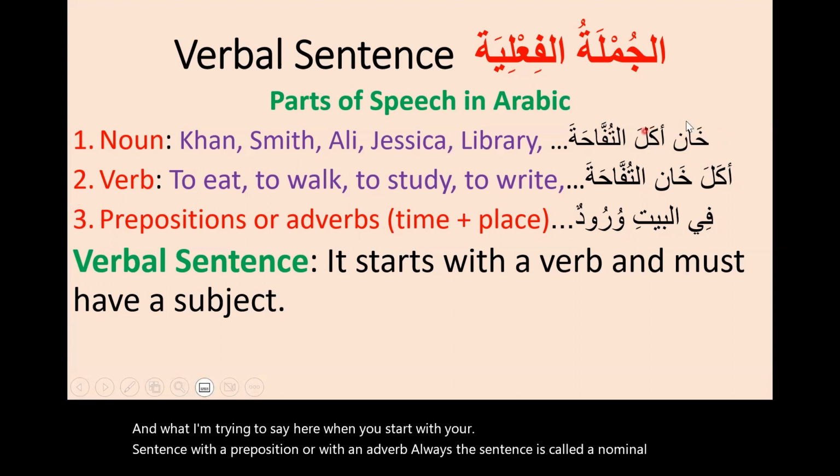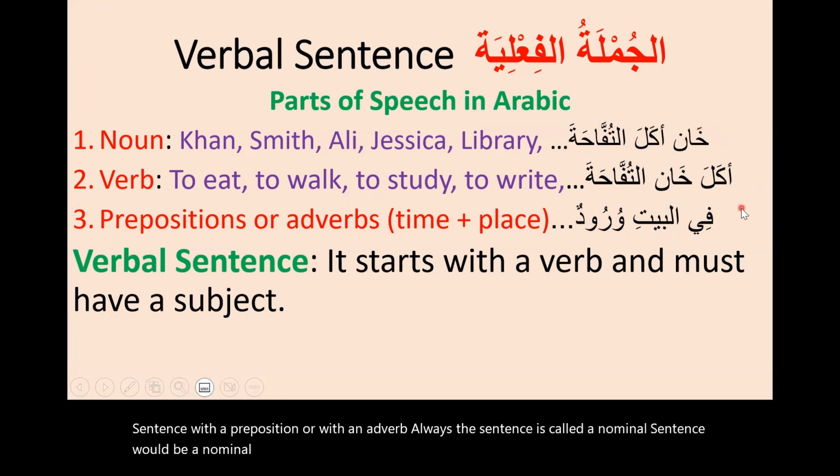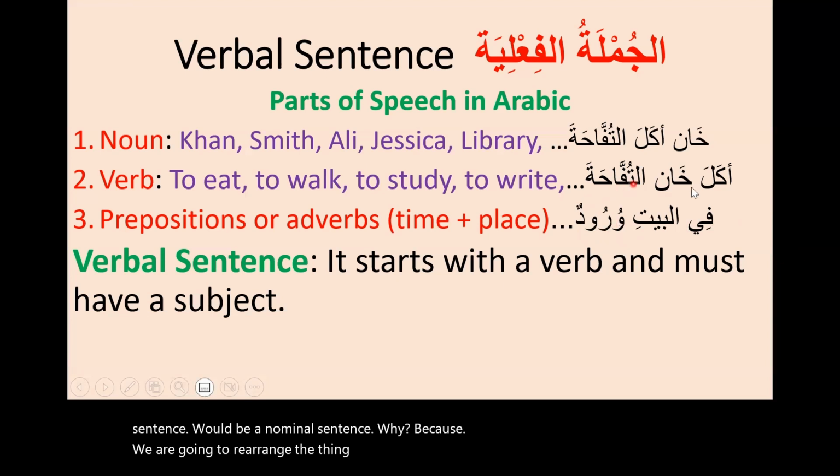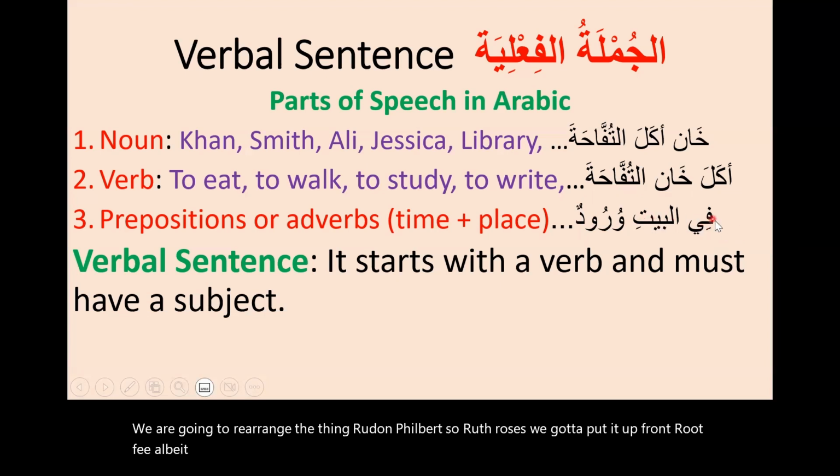Why? Because we are going to rearrange it. Wurudun fil bayt. So wurud, roses, we're going to put it up front. Wurud fil bayt. Roses in the house. Roses at the house. Instead of in the house there are, or at the house there are roses.